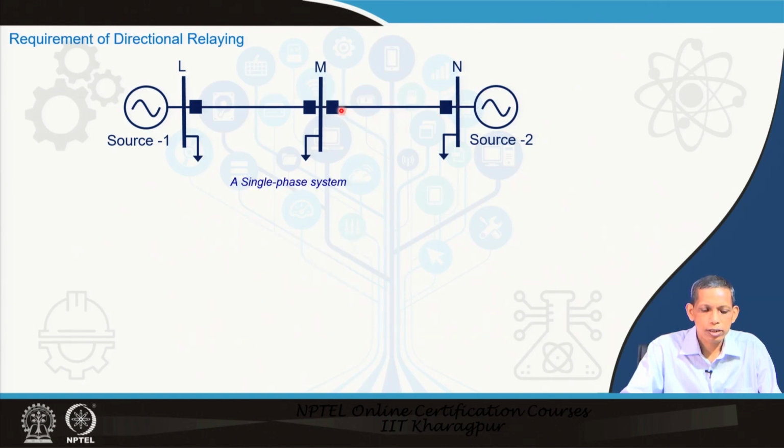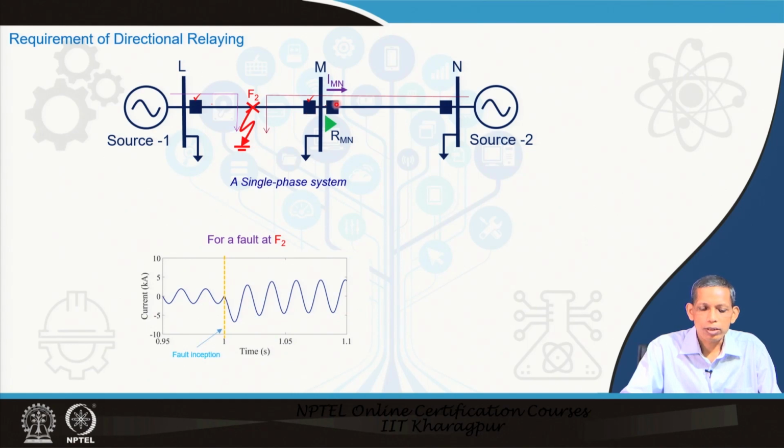Now, let us come to this another fault at F2 in line M N in the same single phase system. Now, current flows to this fault F2 like this from left hand source and from the right hand source. At this point, the desirable thing is that the breaker this one and this one should be open.